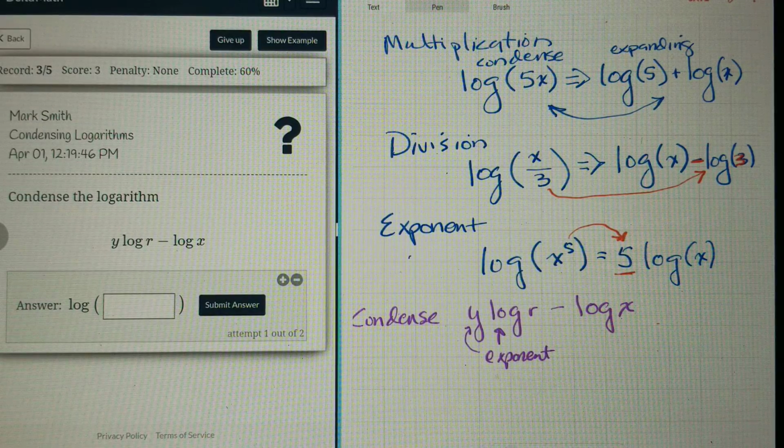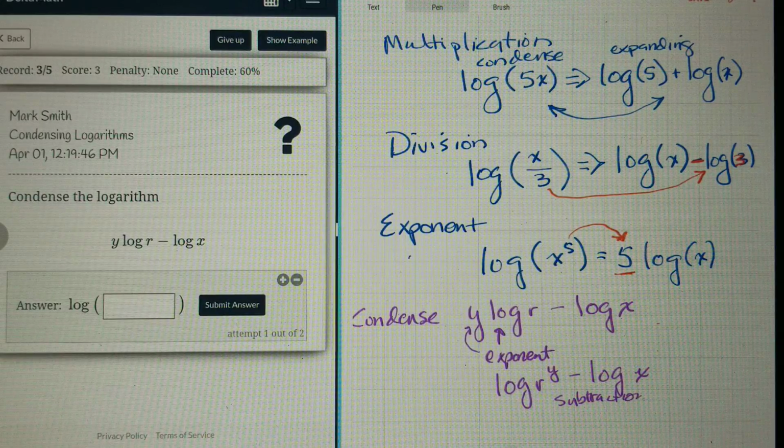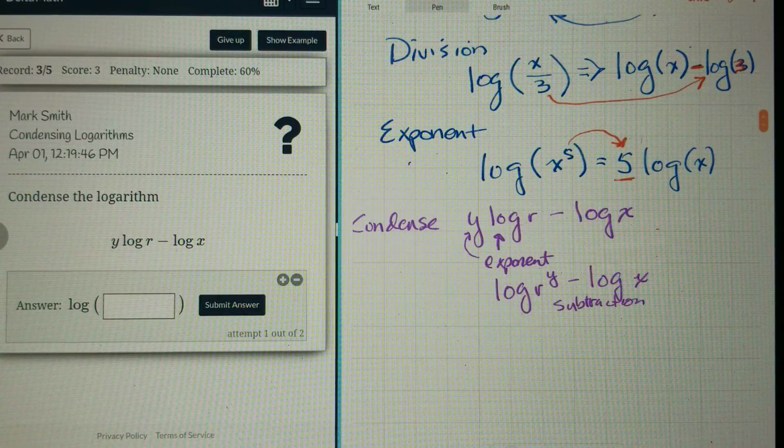And we could change that to log r of y. Then we have minus log x. Now we have a subtraction problem, and subtraction equals division. So we are going to have log of r to the y power over x.